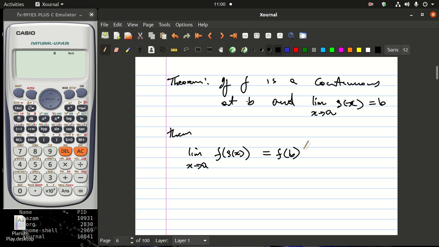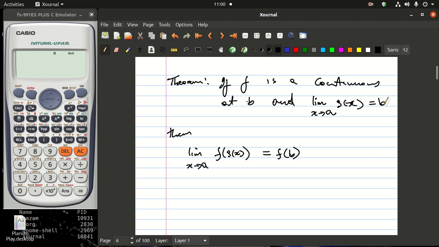This actually makes a lot of sense, knowing that as x approaches a, this function that is inside here is approaching b. And we know that f is continuous at that particular point.